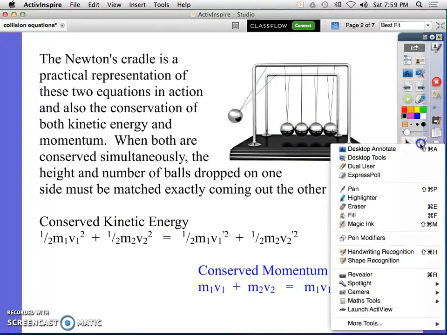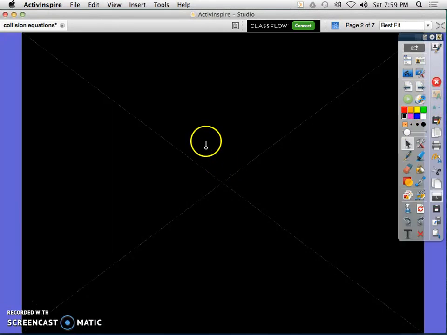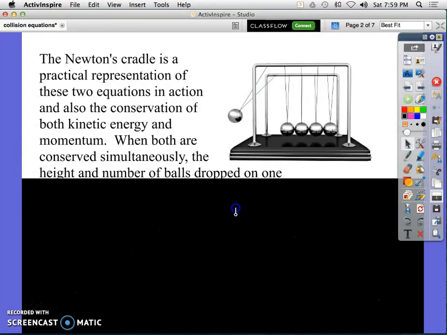Okay, now, on a side note, a Newton's cradle works because of this phenomenon in these two equations. This Newton's cradle is a practical representation of these two equations in action. You've got simultaneously the conservation of both kinetic energy and momentum.